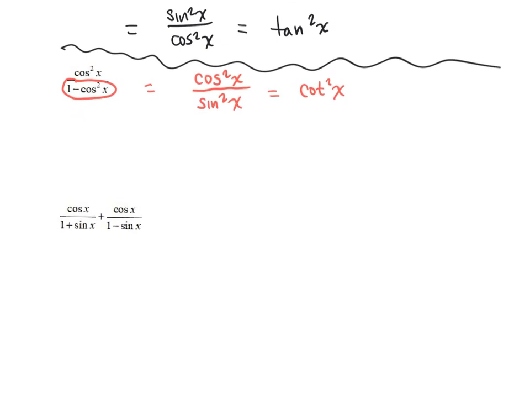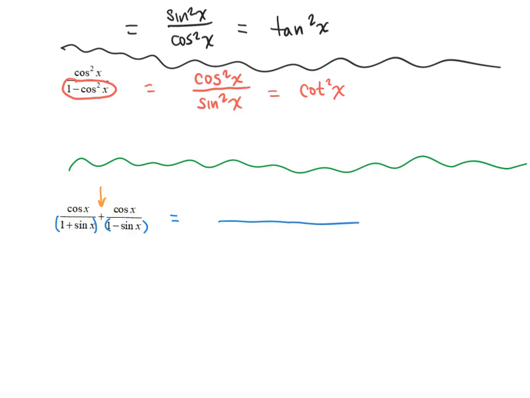All right, the last one is kind of a tricky one because it's 2 things added together. I don't have anything for 1 minus sine. I have something for 1 minus sine squared. So I'm really kind of stuck here. But the key in this one is I have the addition sign. Whenever I'm adding, I can add 2 fractions together if I get common denominators. Since I have 1 plus sine and 1 minus sine here, my common denominator is simply going to be 1 plus sine, 1 minus sine.